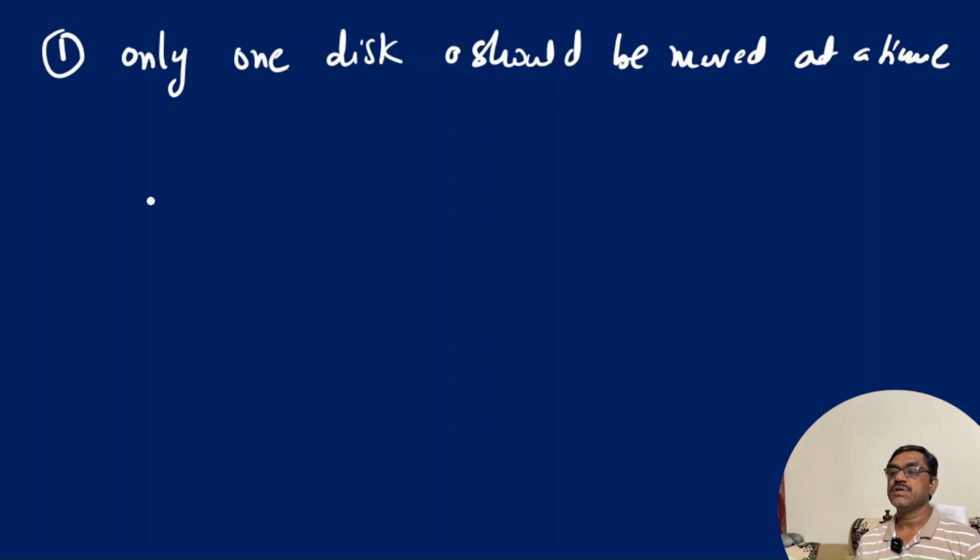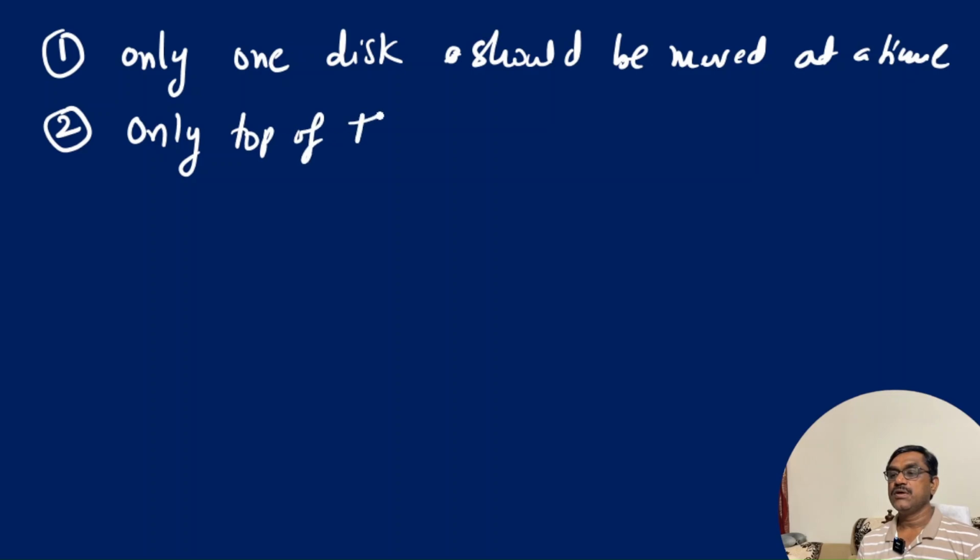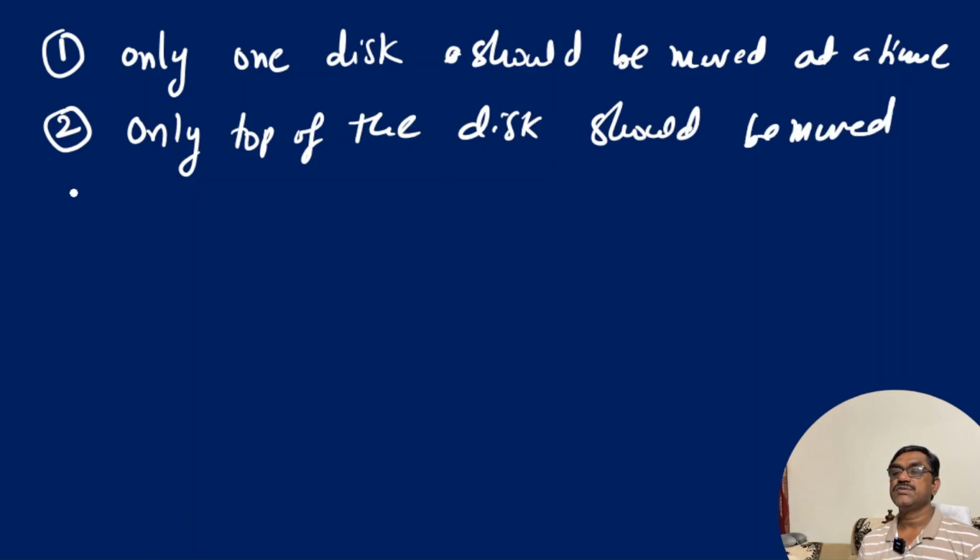This is the first important condition. Only one disk should be moved at a time. The second thing to remember is only the top disk should be moved. This is the second condition.